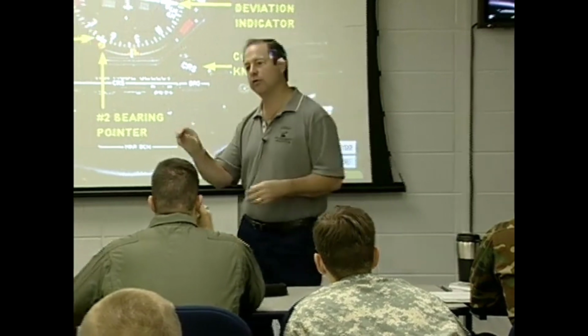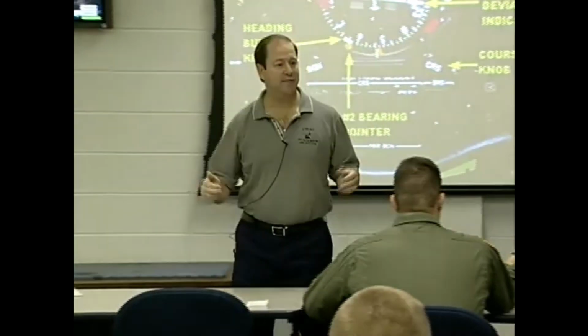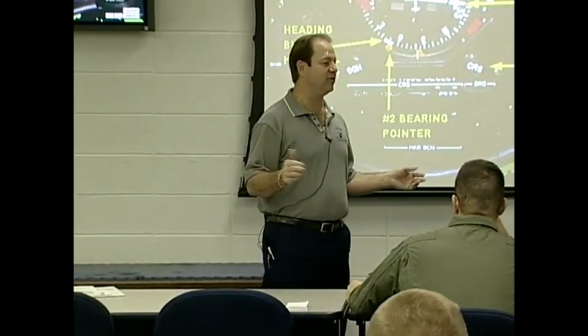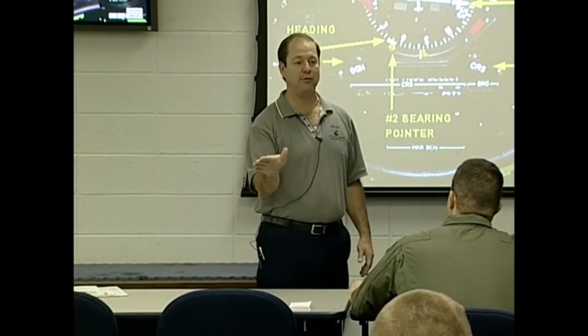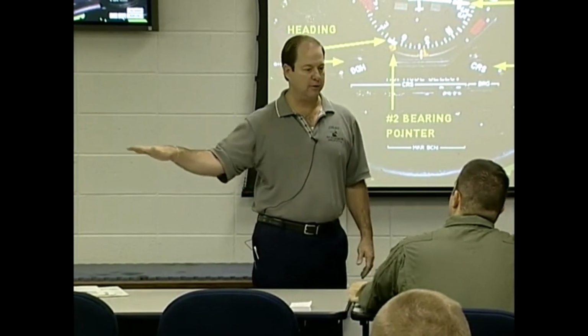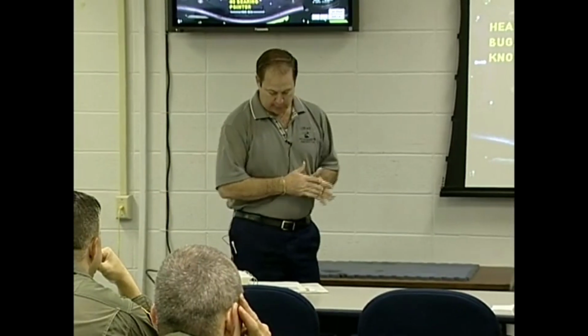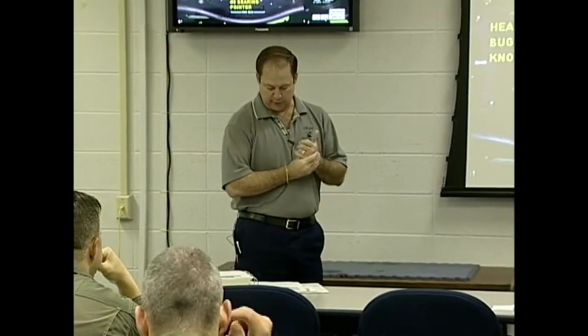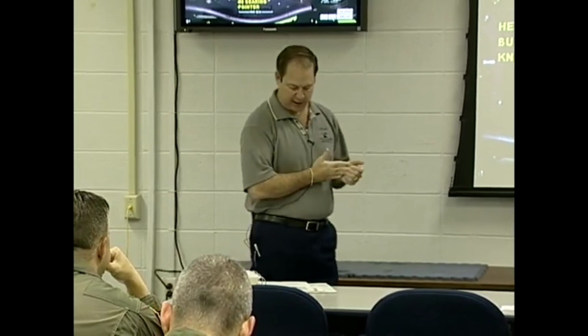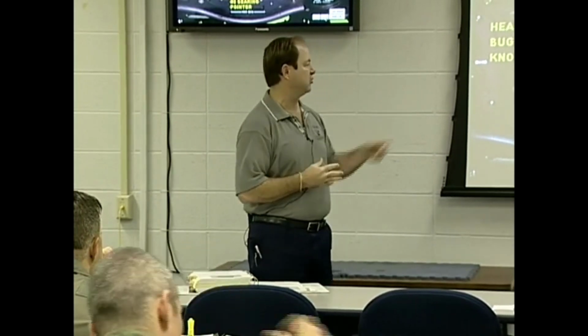All you have to do is roll that heading bug to whatever heading you want it to maintain, and this aircraft will go into up to a standard rate turn, roll out on that heading and maintain it until you tell it otherwise. And then select the navigational equipment to be displayed on each HSI through the HSI Mode Select panel, which is down there on the very bottom.